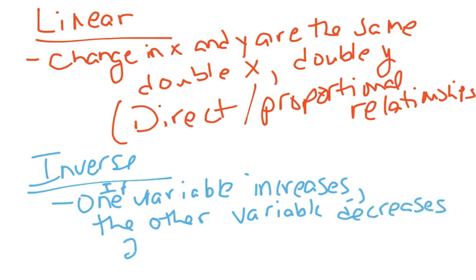So let's say I double x, then y would cut in half, okay? If I tripled x, then y would be cut in 3, something like that. That tells you it's an inverse relationship.